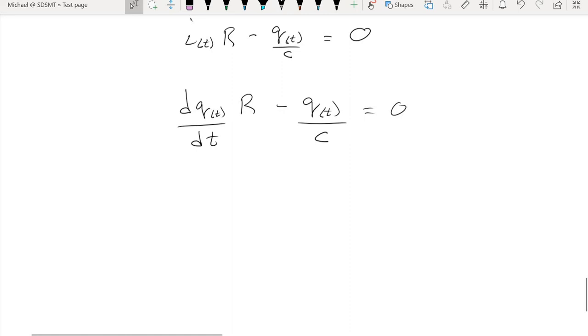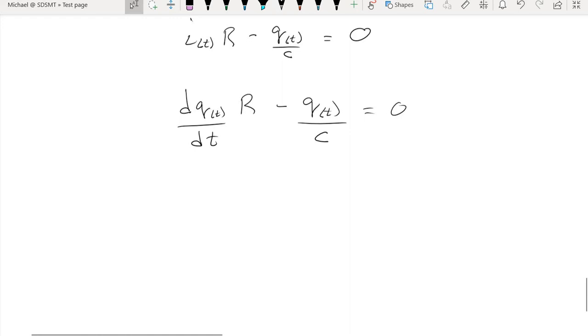We need to get a solution for this one, which, again, as you can probably tell, is going to be another exponential function, because otherwise we can't combine these two terms as like terms.